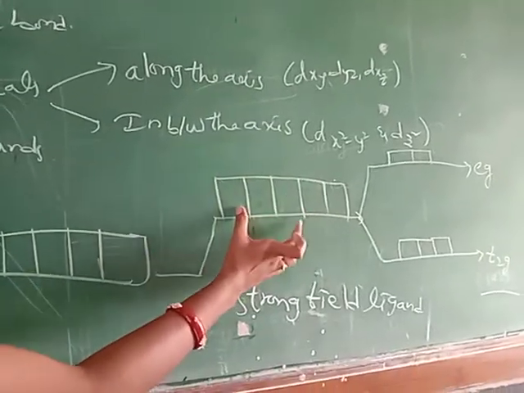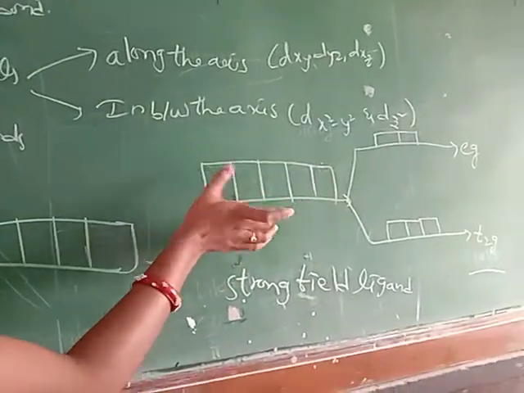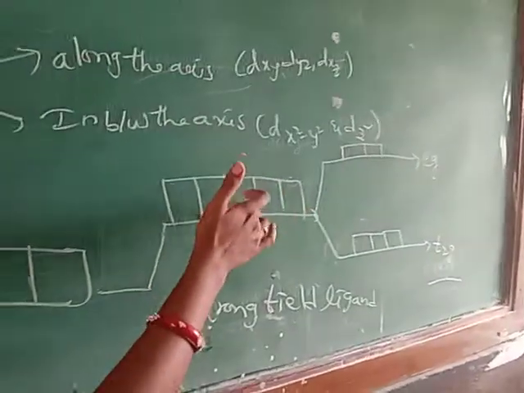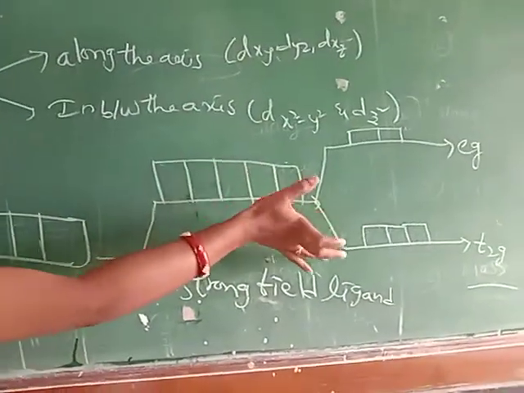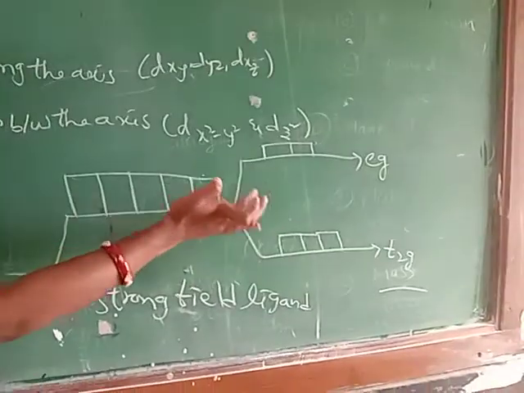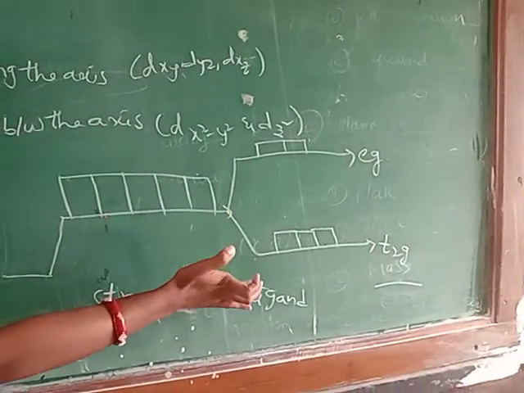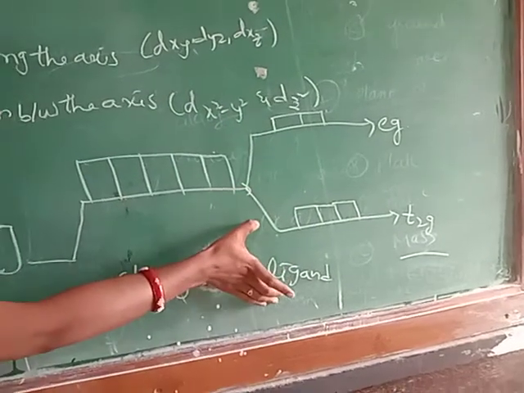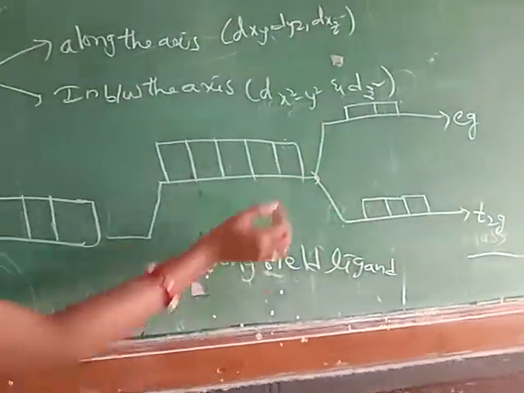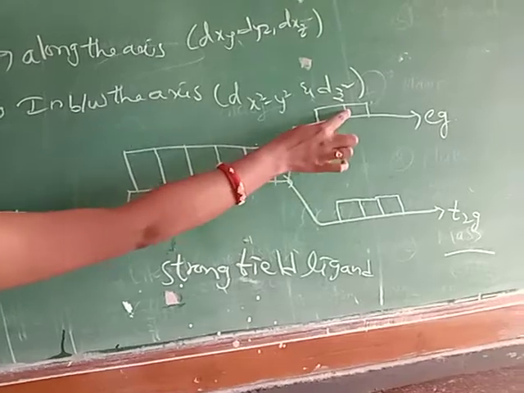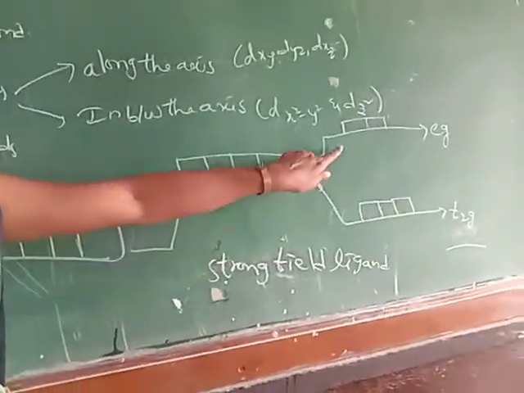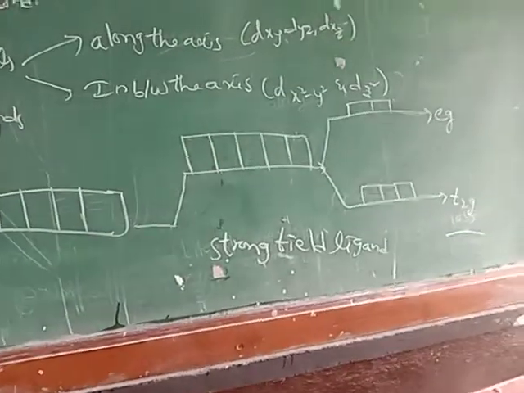The d orbitals are split into two energy levels, that is Eg energy level and T2g energy level. The Eg energy level goes to higher energy, the T2g energy level goes to lower energy. These two orbitals are present along the axis and show high repulsions, that's why they go to the higher energy level.